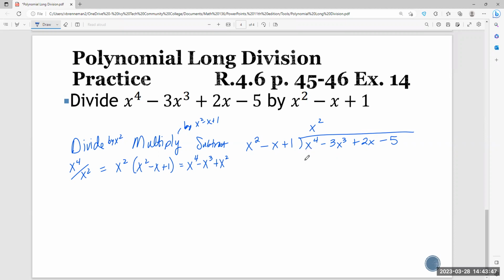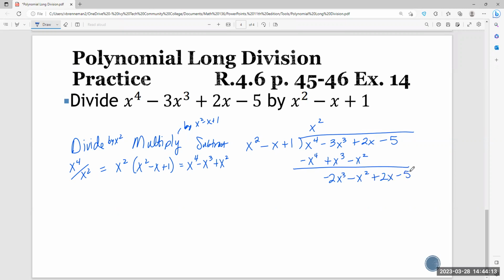So it's now going to be minus x to the fourth plus x cubed minus x squared. All right, so I add that. So that's going to be minus 2x cubed. There wasn't an x squared, so I just have my minus x squared term and the plus 2x and minus 5.